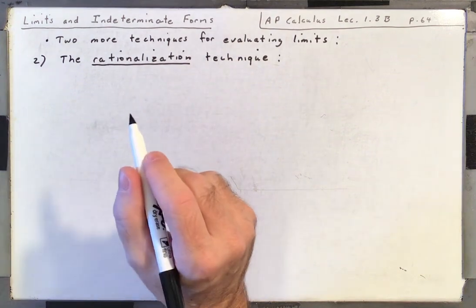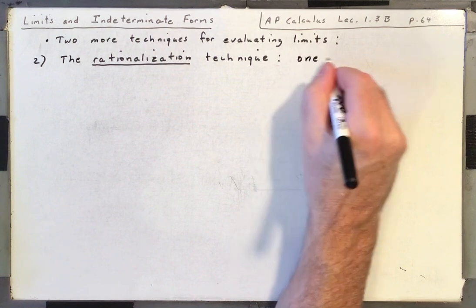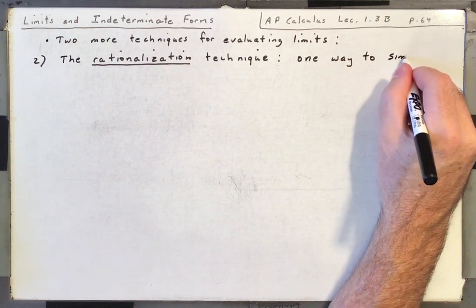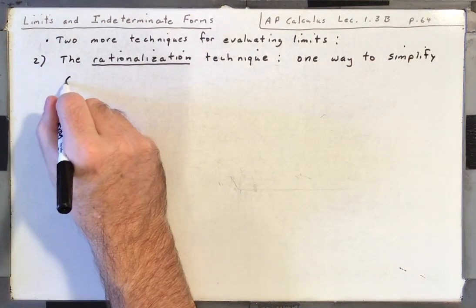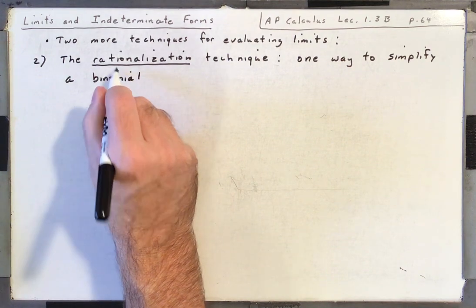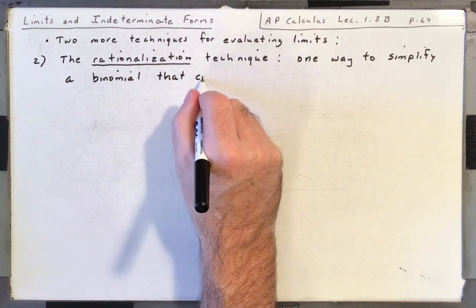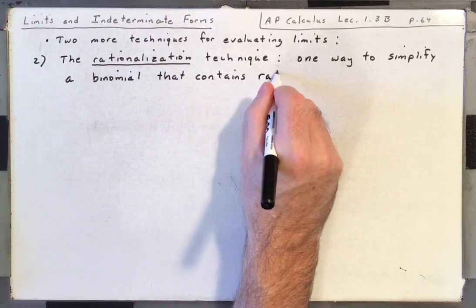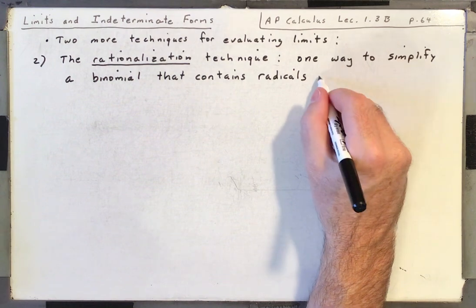All right, we did a lot of this as well in pre-cal. One way to simplify a binomial that contains radicals is to multiply by its conjugate.